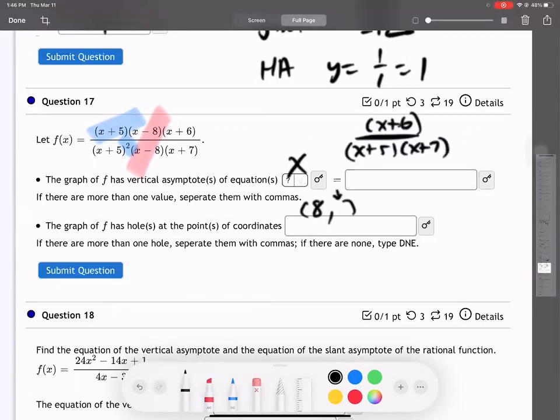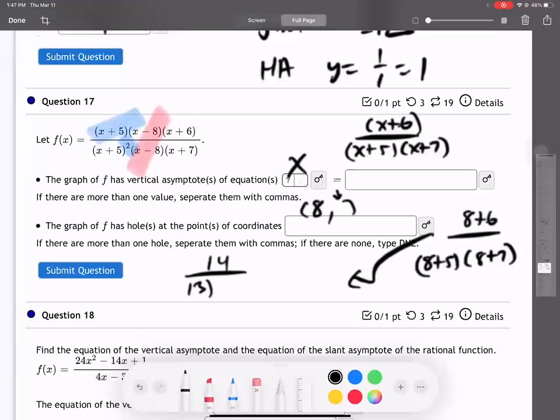Now if I plug an 8 into the problem, 8 plus 6 over 8 plus 5 times 8 plus 7, this is going to be 14 over 13 times 15. 13 times 15 is 150 plus 45. That's 195. 14 over 195. Okay, so that's our y value of our hole.